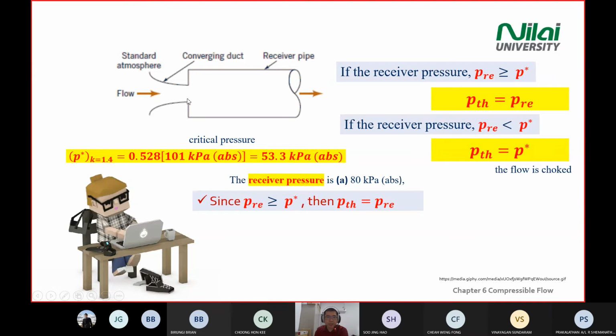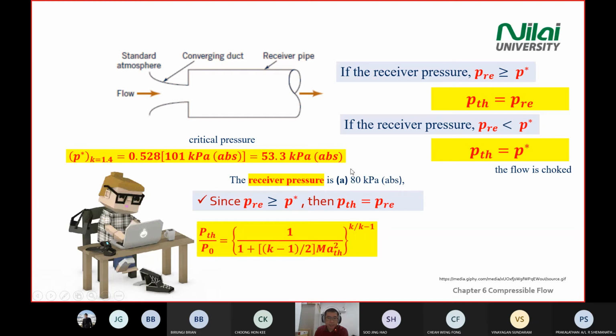So the pressure at the throat will be equal to the internal tank pressure. Your throat will be equal to your receiver pressure, or the inside tank pressure, based on this statement. So from here, you can find the parameters.